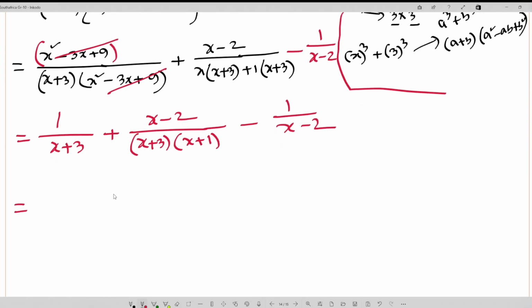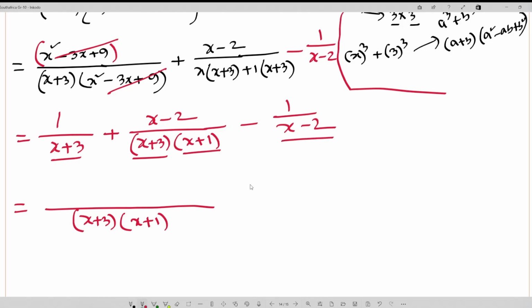So now we can simplify this one with the LCM. Here is x plus 3, x plus 3, we can write x plus 3, and x plus 1 we can write x plus 1, and finally this one is x minus 2.